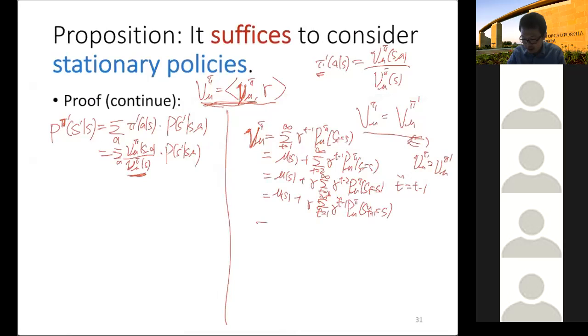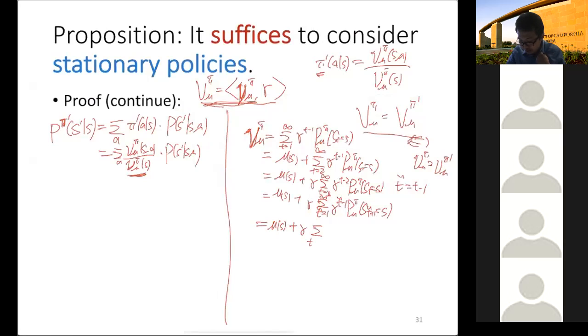And next, we'll try to construct the occupancy measure with respect to a new pi prime.